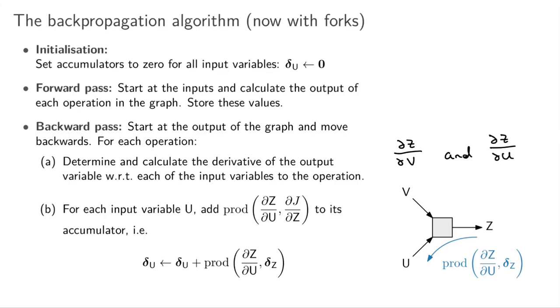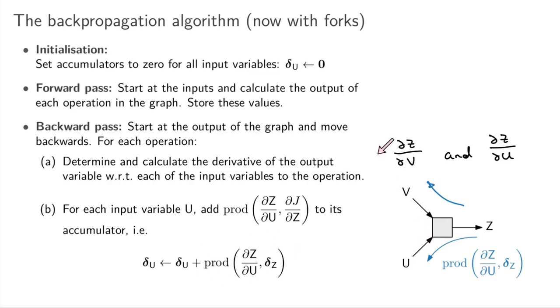And if we have that, then we know we can backprop into v and into u, because we have delta z already. So for each of the input variables to my computational graph, I add this product of dz/du and my error signal to its accumulator. So I'm updating delta u. So I'm changing delta u, and for this operation, I'm adding this term here.